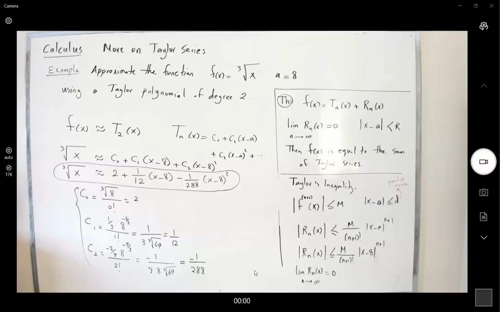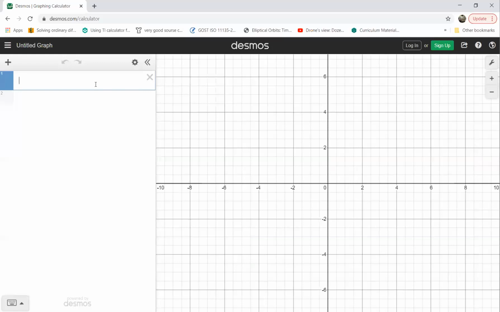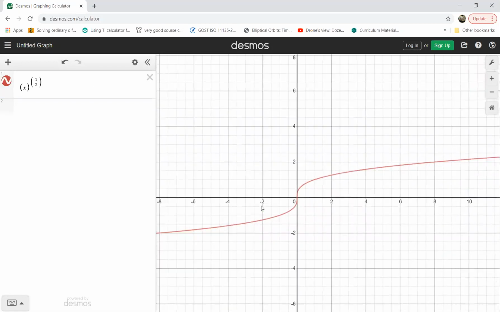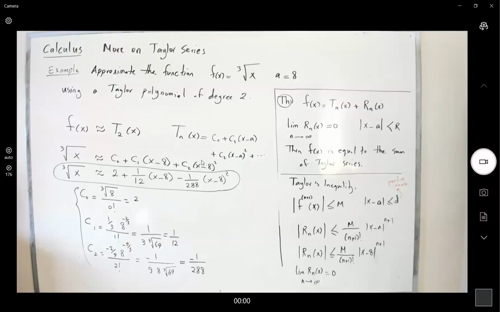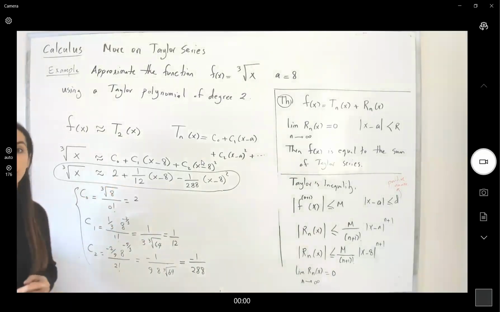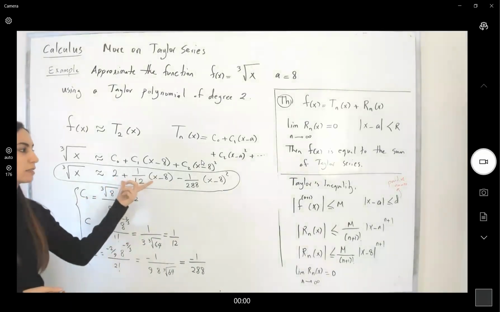Now let's take a look at Desmos. So the first function is x raised to a third. So this is our function. Now, take a look at the board. We can just use the first two terms and say that I want to approximate this function by a linear expression.